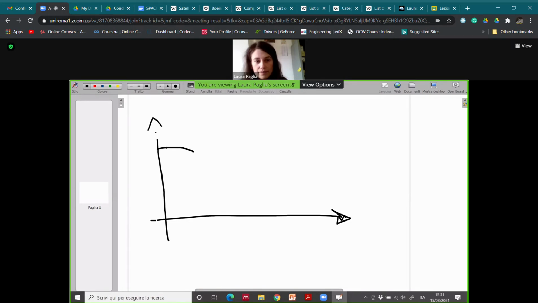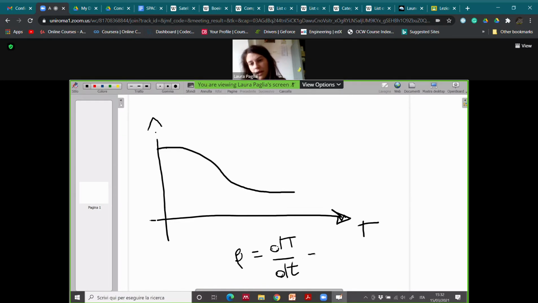We saw that we have a thermogravimetric curve like this. This could be the temperature or time, because usually we have a parameter beta, which is the derivative of temperature over time, which is a constant.